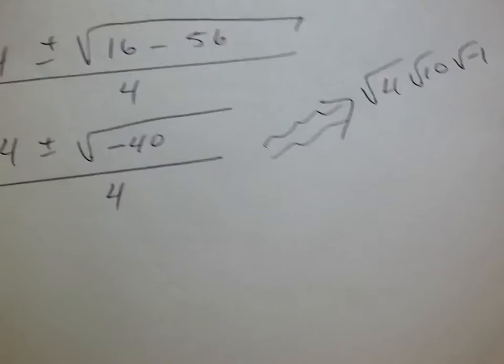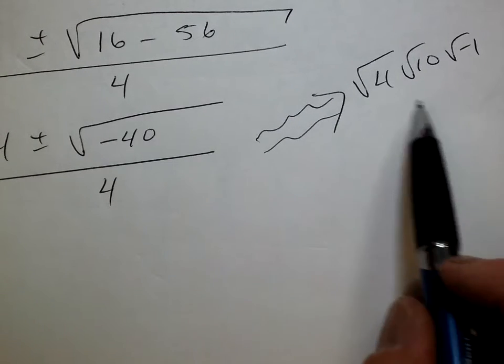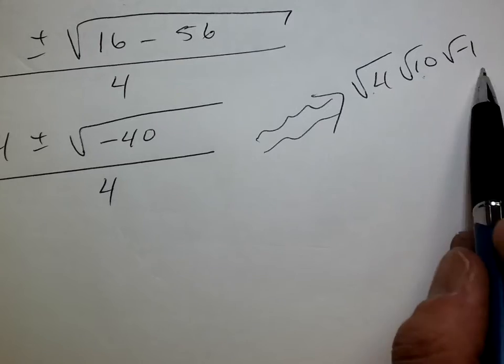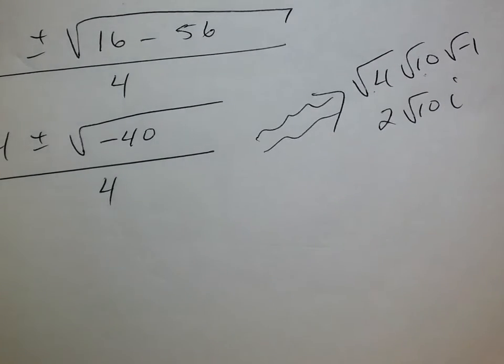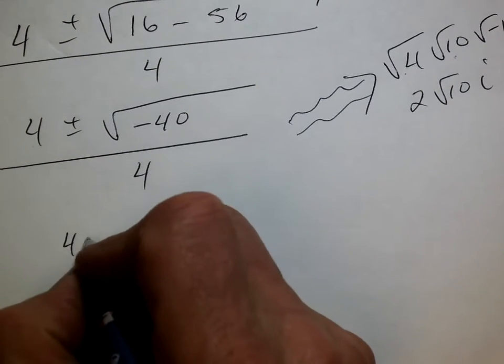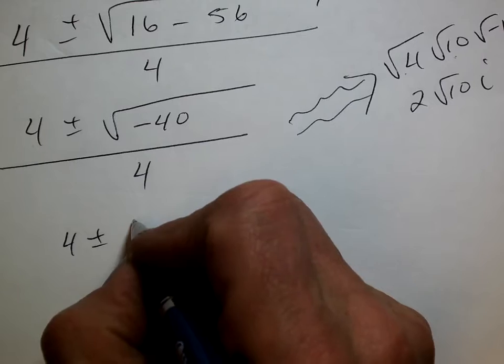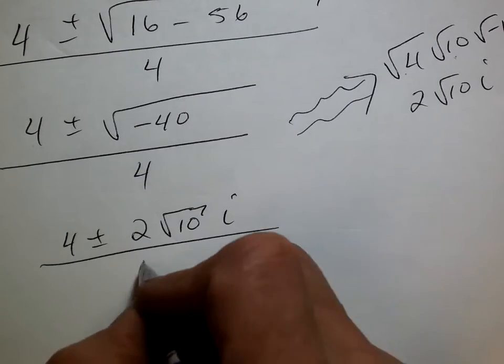You okay with that? 40 could be 4 and 10 and negative 1. So that's going to be 2 square roots of 10i, right? So I'm going to rewrite this as 4 plus or minus 2 square roots of 10i, all over 4.